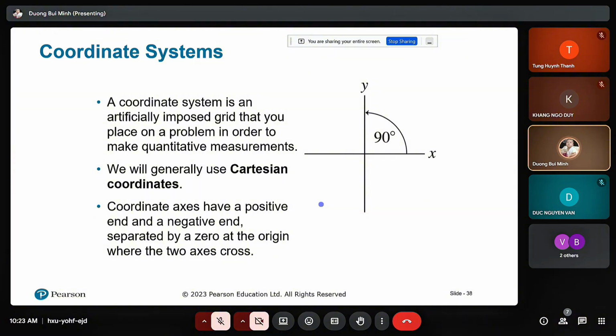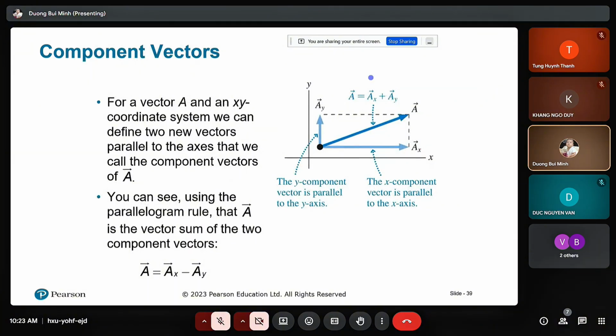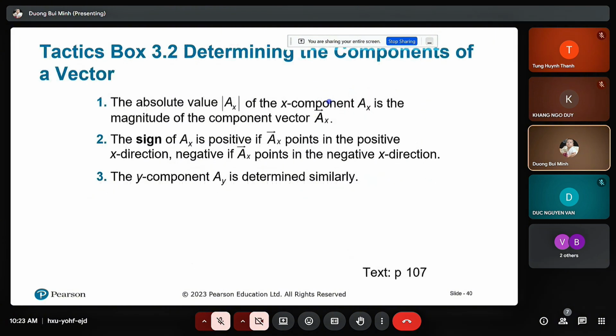Coordinate systems. Remember that we have reference axes, the x-axis and y-axis. Any vector A we can split into x-axis component Ax and Ay. This is for two dimensions.